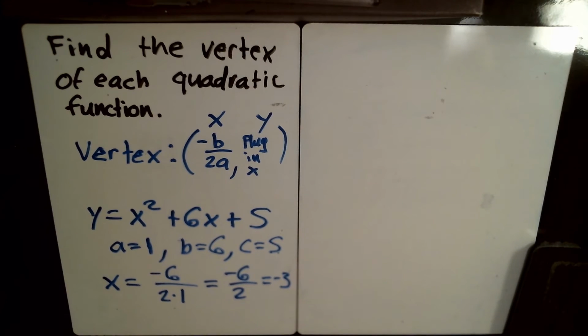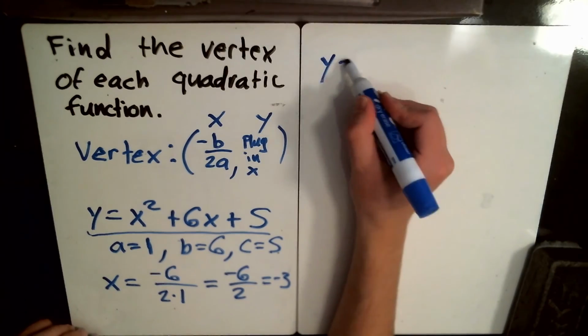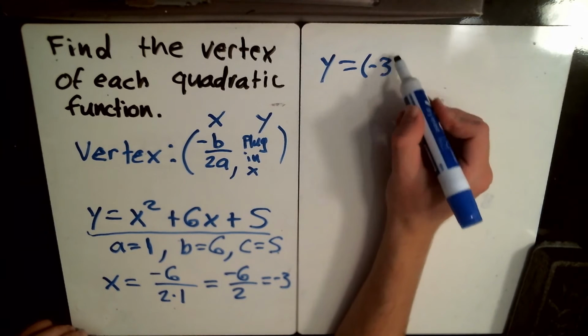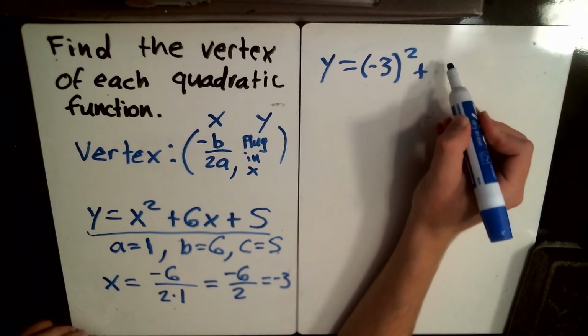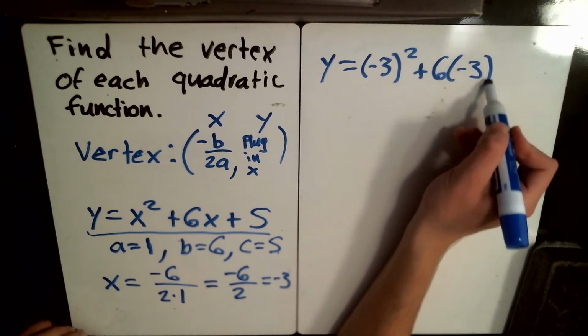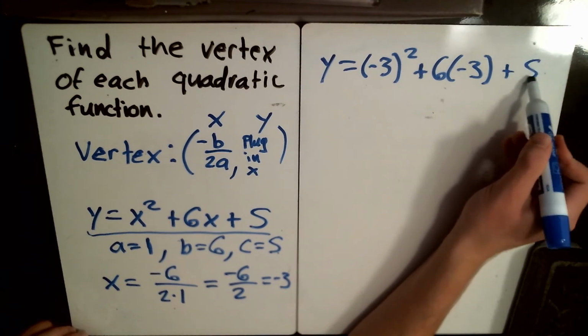Now that I have the x value of the vertex, I'm just going to plug that into my equation to figure out what the y value is. y would be negative 3 squared plus 6 times negative 3 plus 5.